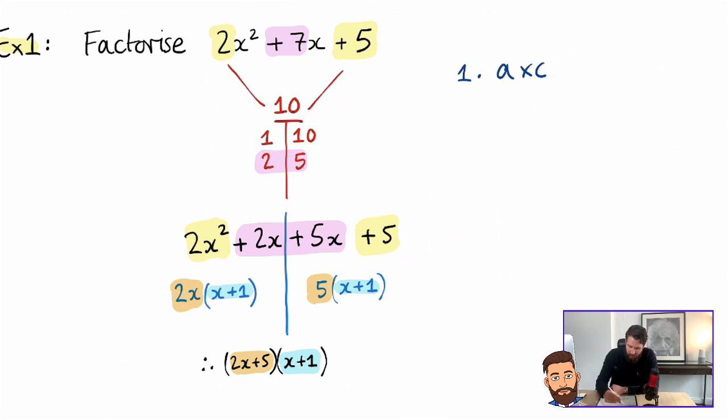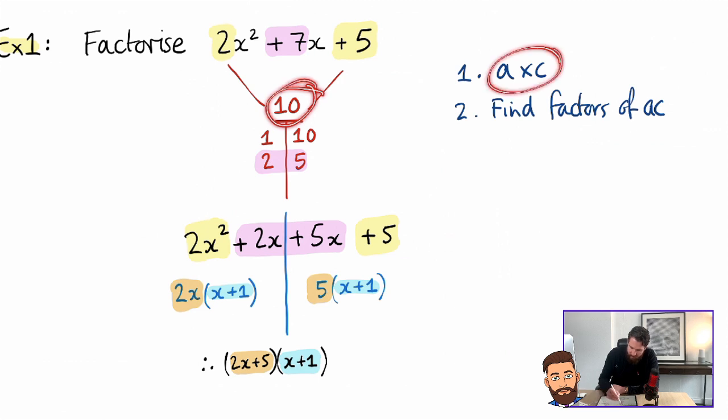Step 2, find factors of AC. A times C is this, and we're going to find the factors of it. Once we found the factors, you said, right, which ones add to make B? Find the factors of AC that add to make B.